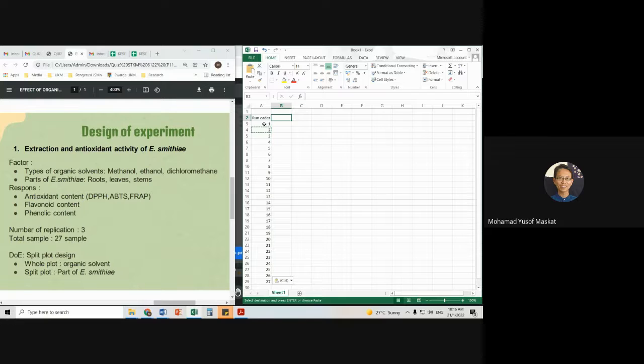This is the whole plot. Designate the whole plot. Okay, so I'll just put it up there. So the whole plot is solvent type. Can all of you see? Is it big enough?